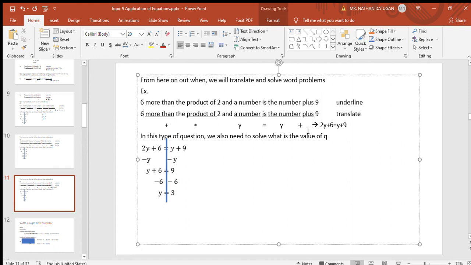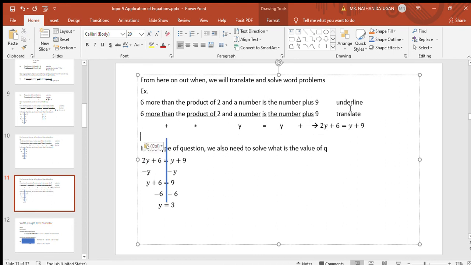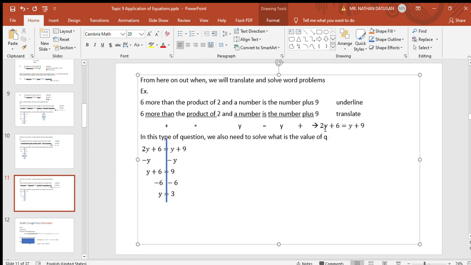Nope, it's going to be 2y plus 6. Now let's move on to the right hand side, the number plus 9, and it's going to be the same variable, y plus 9. So our equation is 2y plus 6 equals y plus 9.